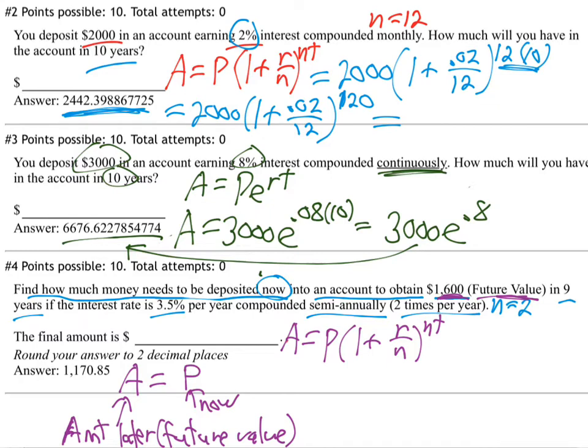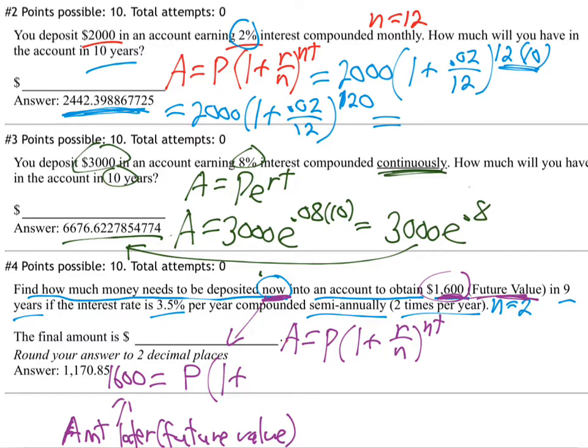Well, they're asking us, how much do we put in now? What is P? How much is P? In order to obtain 1,600 in the future. So the A is actually the 1,600, and we don't know the P. So 1 plus, and do we know the R?